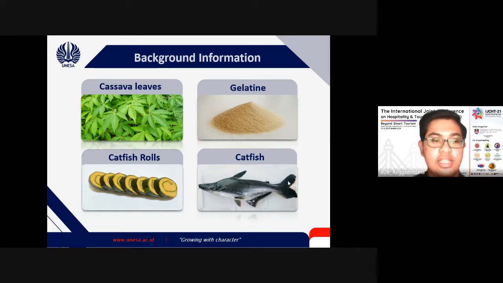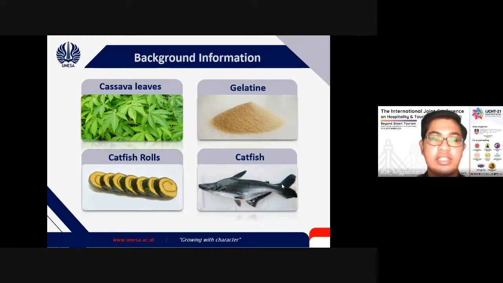Catfish in Indonesia have many species, but the ones successfully cultivated are jambal fish and siamensis catfish. Cassava leaf and catfish are usually found around us, and we can find them in supermarkets or traditional markets.